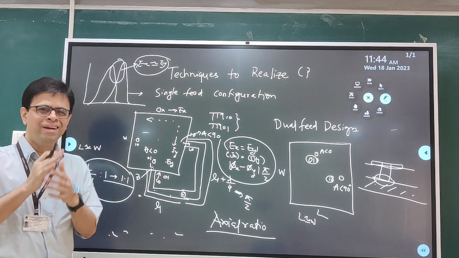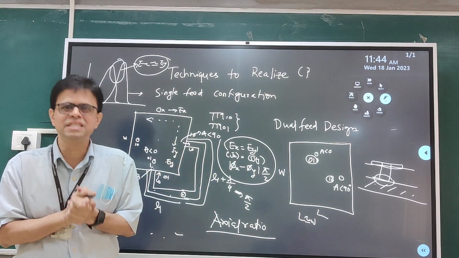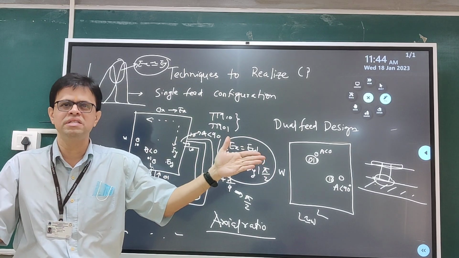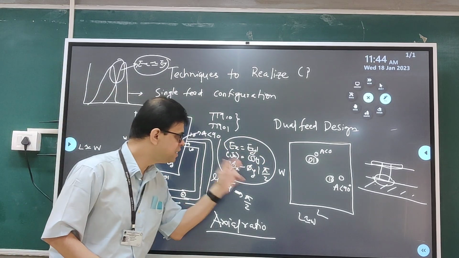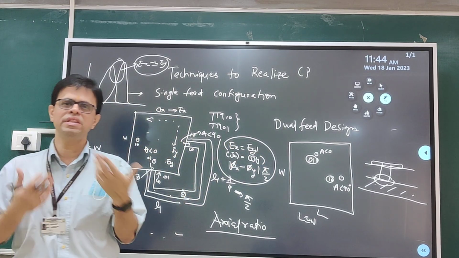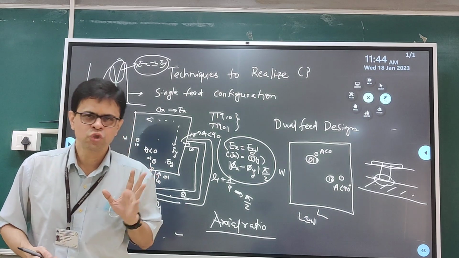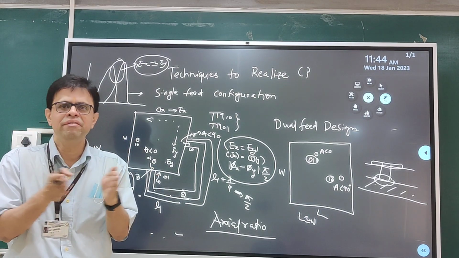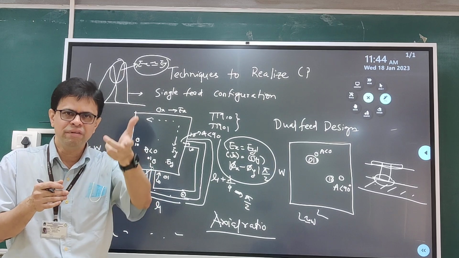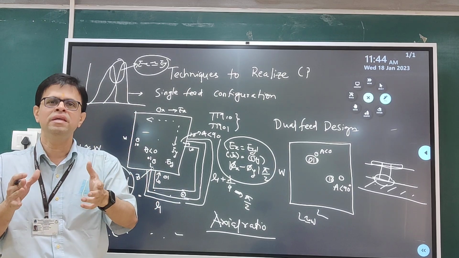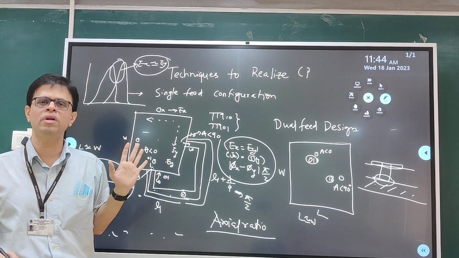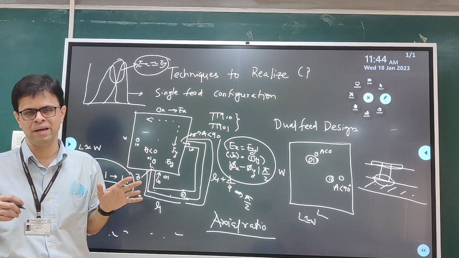It is very difficult to realize Ex equal to Ey for a wide band of frequencies. At the same time, getting the phase condition along with that is also difficult. So what will happen if a deviation occurs between Ex and Ey or the phase difference? Then the conditions for circular polarization are not properly realized.